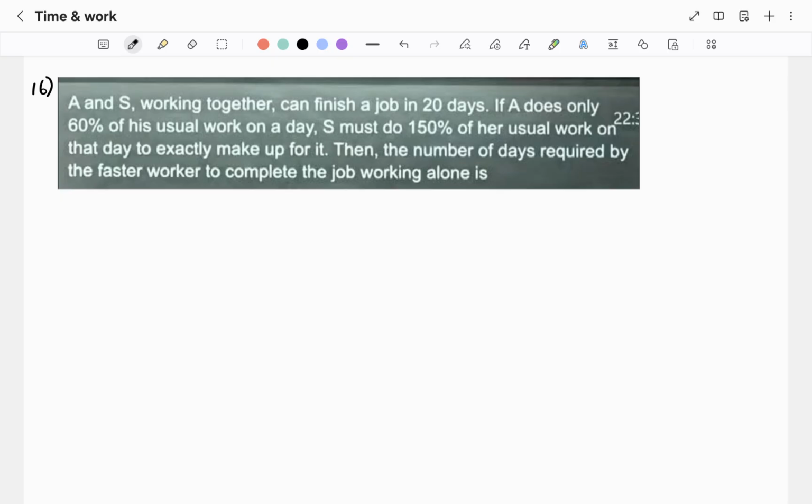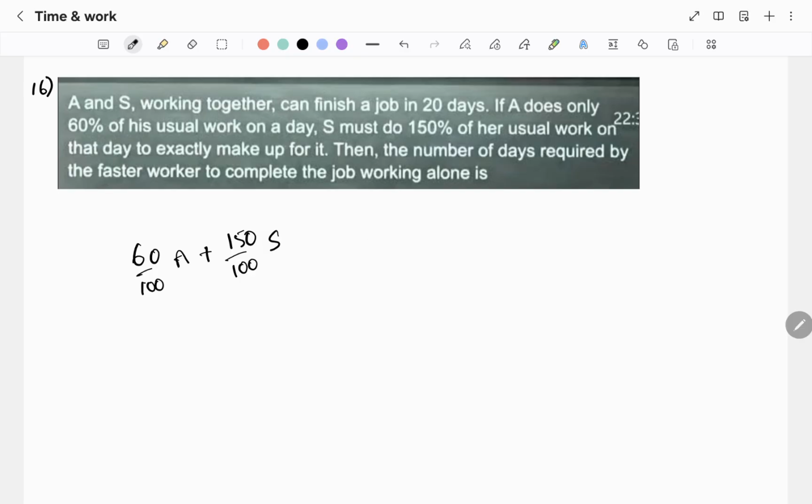If A does only 60% of his usual work on a day, S must do 150% of her usual work on that day to exactly make up for it.